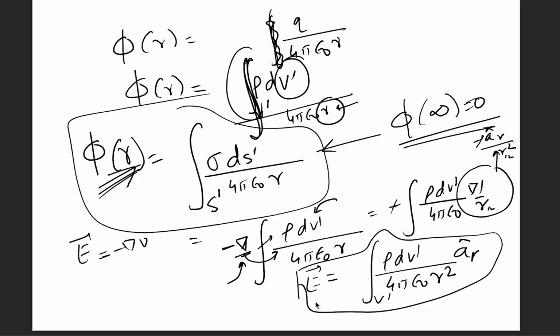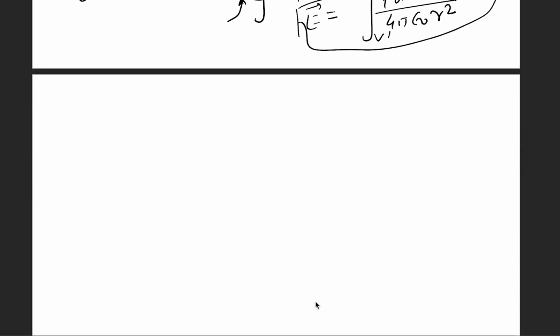Now what is the benefit of finding the electric potential instead of the electric field first? The benefit is that this is a scalar quantity, so we have to find just one quantity only. However, if we try to find the electric field directly, we need to find the x component, the y component as well as the z component.